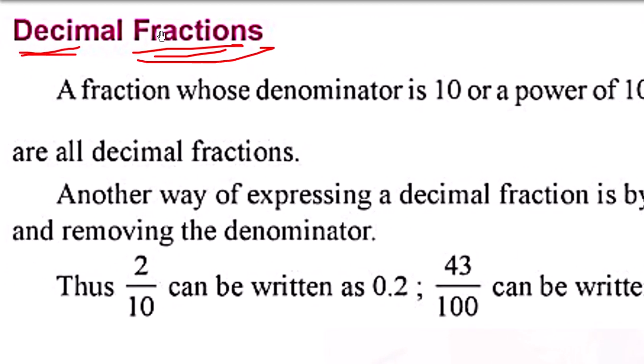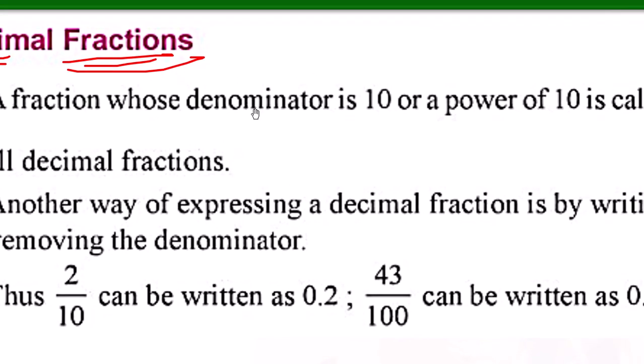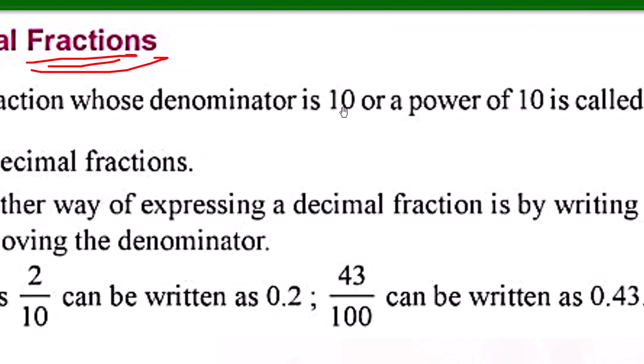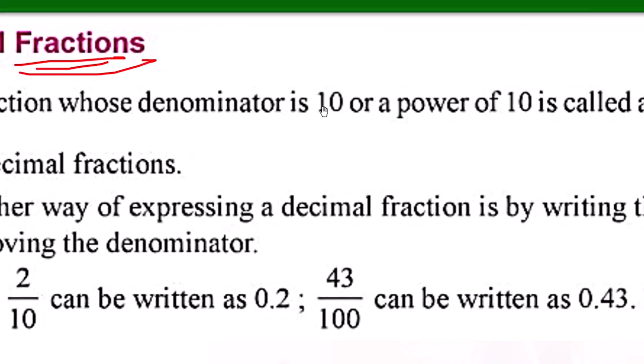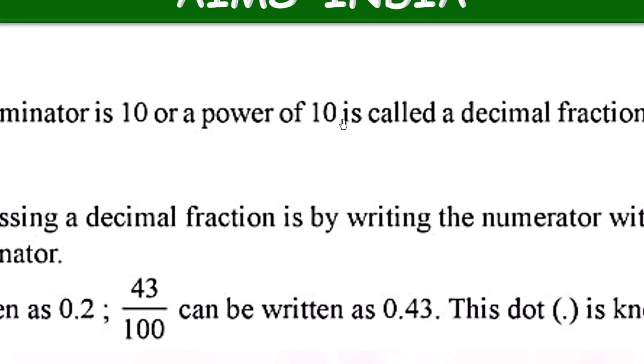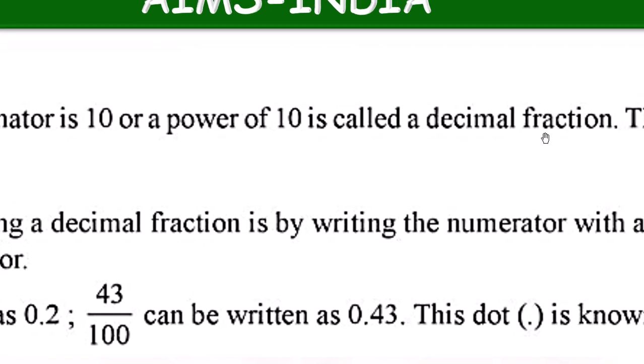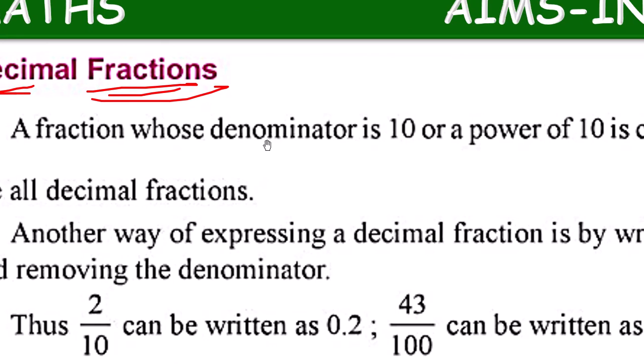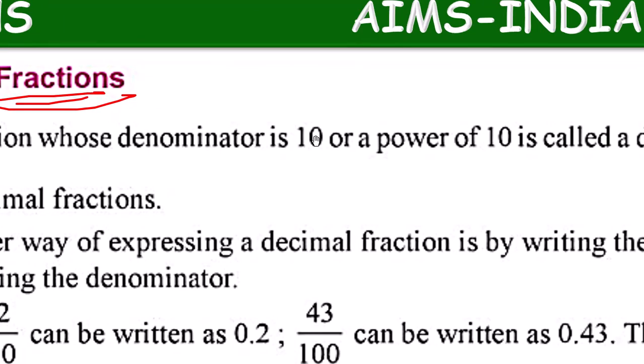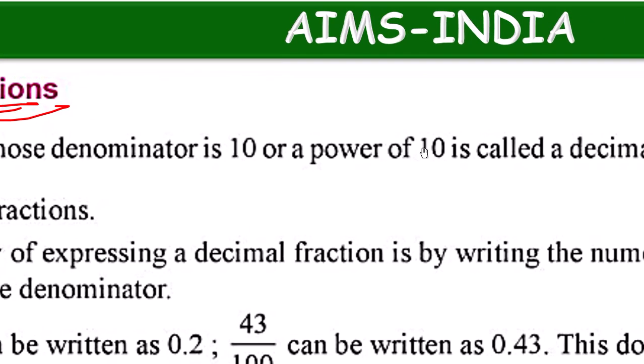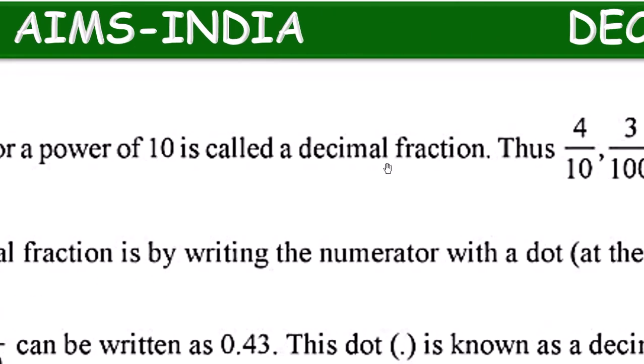A decimal fraction means a fraction whose denominator is 10 or a power of 10, like 10 square, 10 cube, or like 100, 1000. If in the denominator we have 10 or powers of 10, then that fraction is called a decimal fraction.